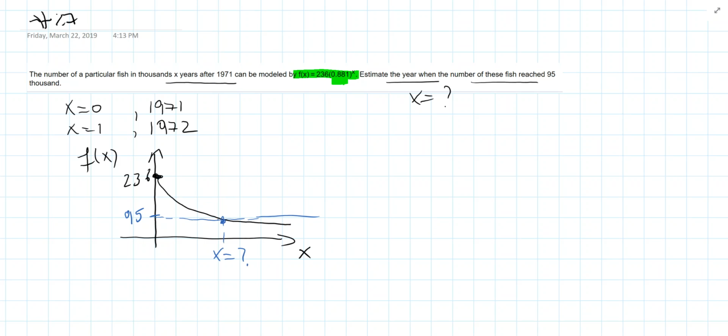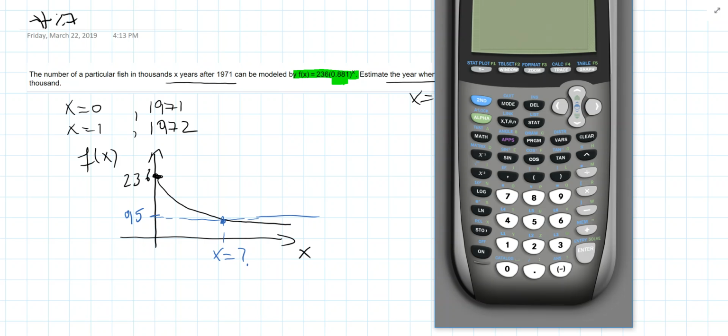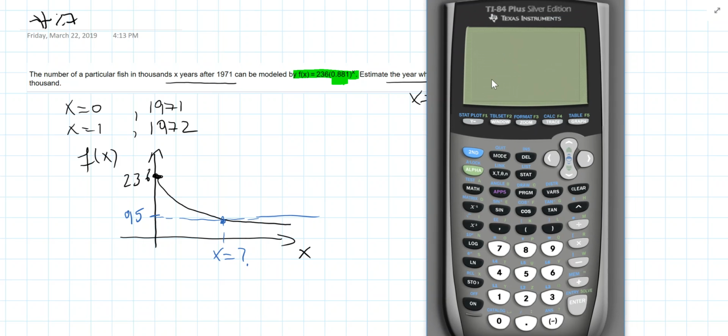So to do this, we are going to put it in our calculator. So there you go. I'm going to go in y. Well, turn my calculator on.